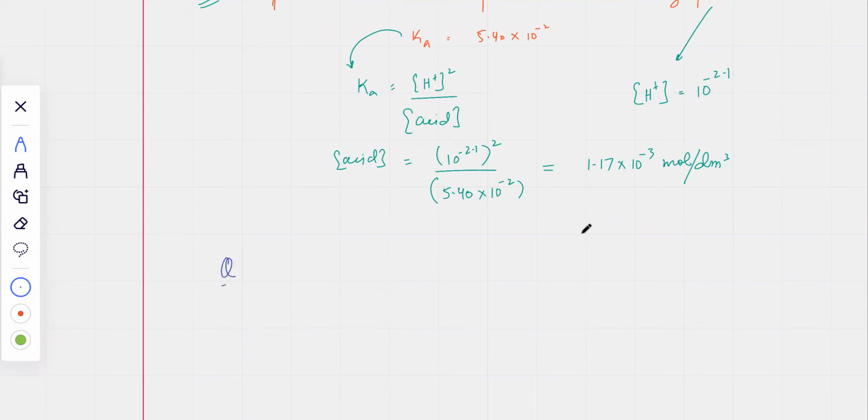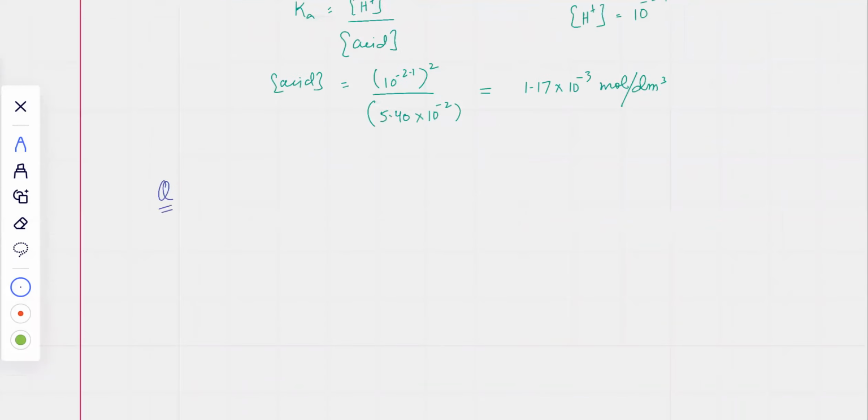I've got a question where I have NaHSO4, and I know its concentration. The concentration of NaHSO4 is 0.5 mole per dm cube, and I know the K value of the HSO4 minus 1 ion.